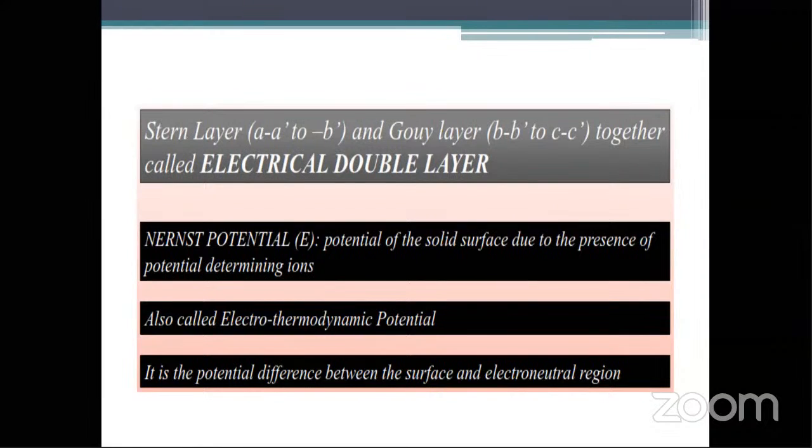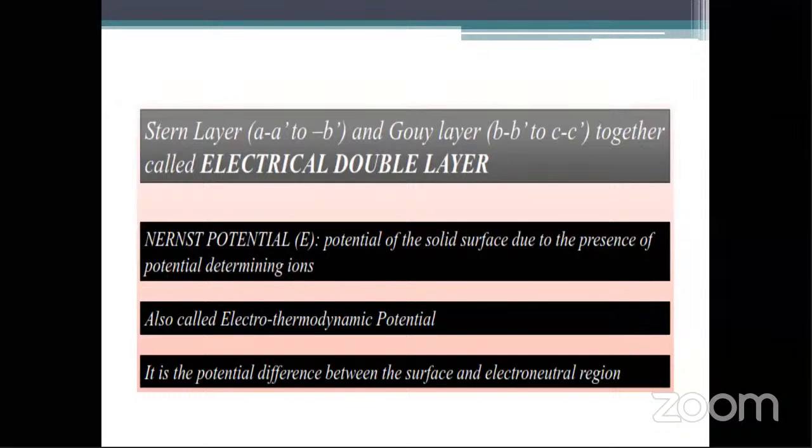In this case, what is that solid surface? Sir, the interface, A dash. Yes, the A dash interface. So Nernst potential is the potential of the solid surface itself, that is A dash, owing to the presence of potential determining ion or cation.